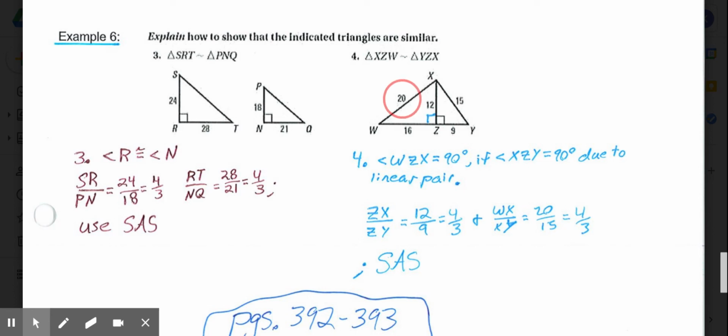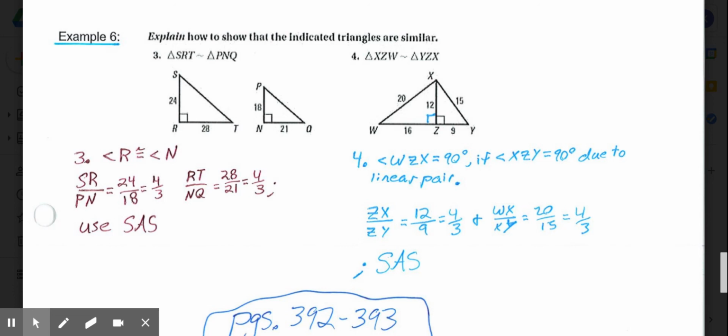Then I have two sides here, but those don't include the angle. But I do have a third side on this triangle that does include the angle. On this triangle, I also have three sides, so I could check for side, side, side, but I already have an angle here, so I'm going to check for side, angle, side.